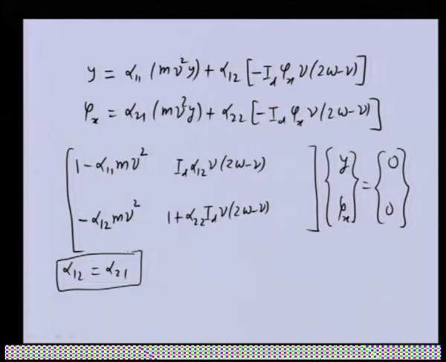So, this is a homogeneous equation. One solution could be when both the displacements are 0, but that is a trivial solution. For a non-trivial solution, we need to take the determinant of this equal to 0, and from this we will get a polynomial in terms of nu, and that polynomial can be written like this.